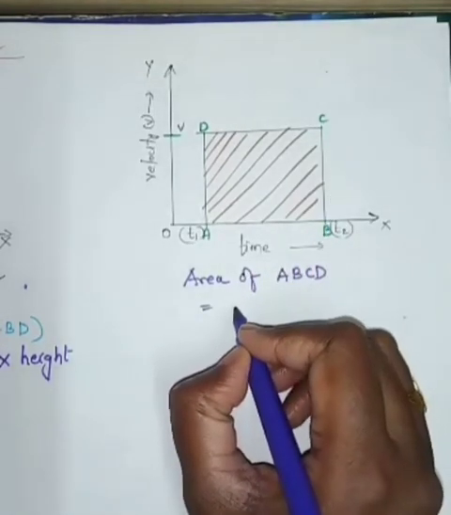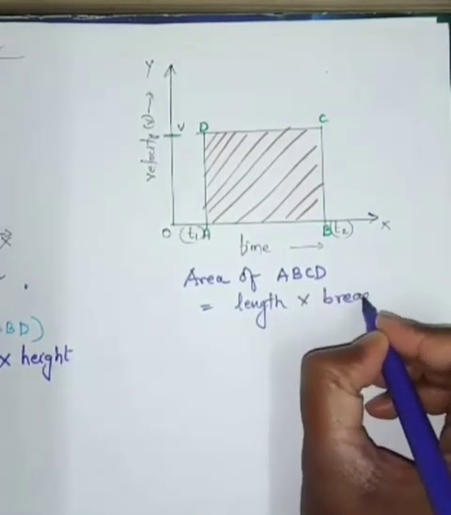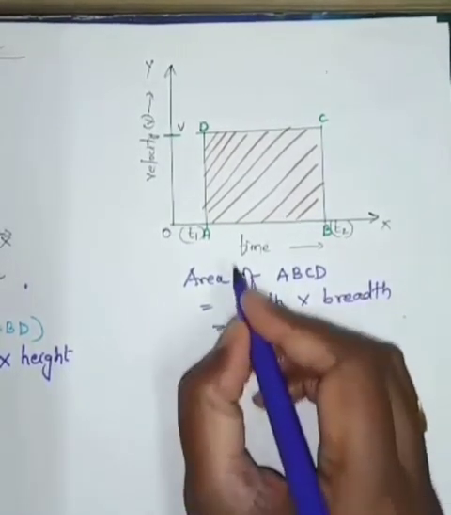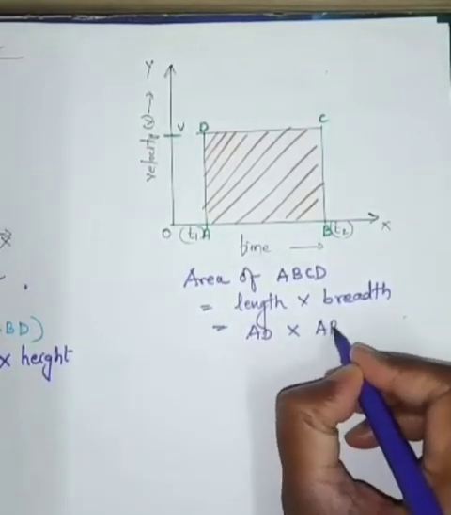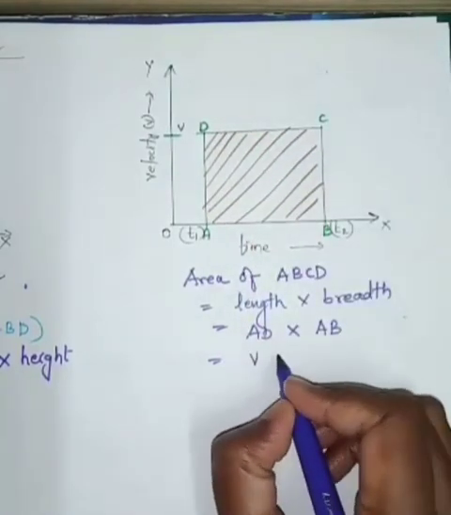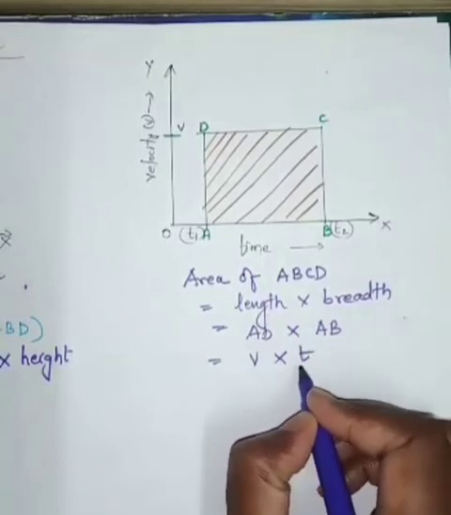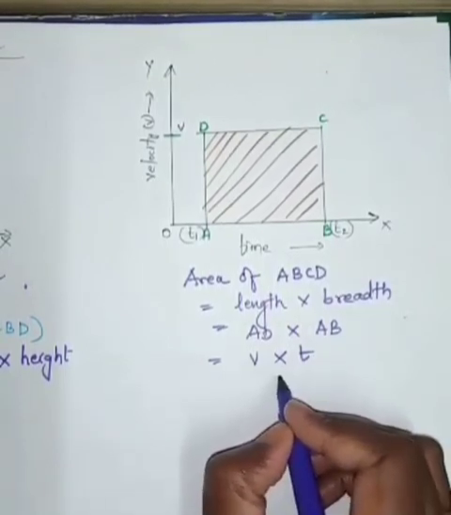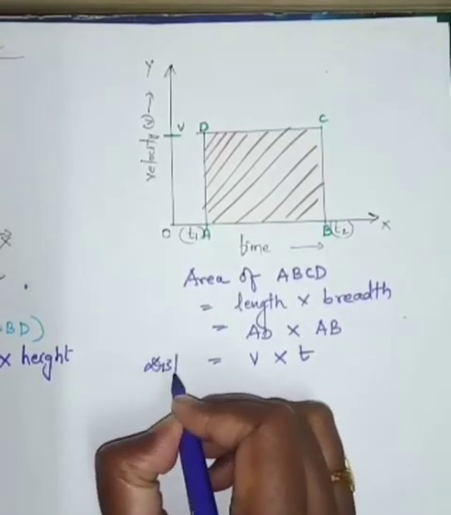The area of the rectangle is equal to length into breadth. What is the length here? AD. And what is the breadth here? AB. What does AD represent? AD represents the velocity. And what does AB represent? It represents the time. And what is velocity into time? Velocity into time is equal to the distance.